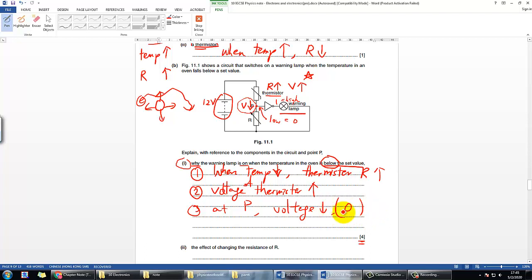You can say in a sentence it's 0, and then after the logic gate, which is a NOT gate, the NOT gate would turn the voltage to high, and that high voltage would simply turn on the warning lamp. You can see I got more points, but that's fine. You don't have to write down the numbering, but it's always better to write more. Okay, so this is the whole logic.